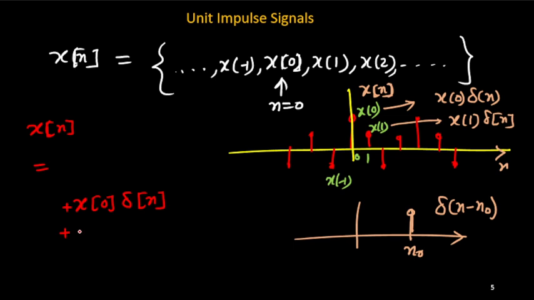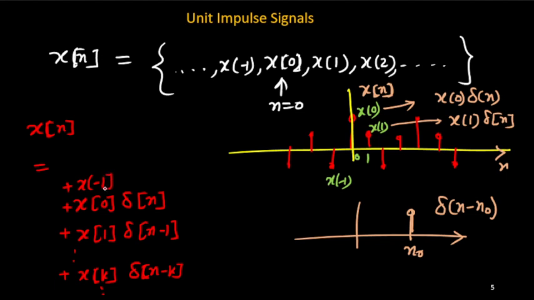Suppose if I consider it is x of 1, this sample, and it is located at 1, so that's how I will call it del n minus 1. So similarly I can consider the kth sample, it is del n minus k, like that. Similarly previous one, negative side, that also we can consider x of minus 1, and it is del n plus 1, right?